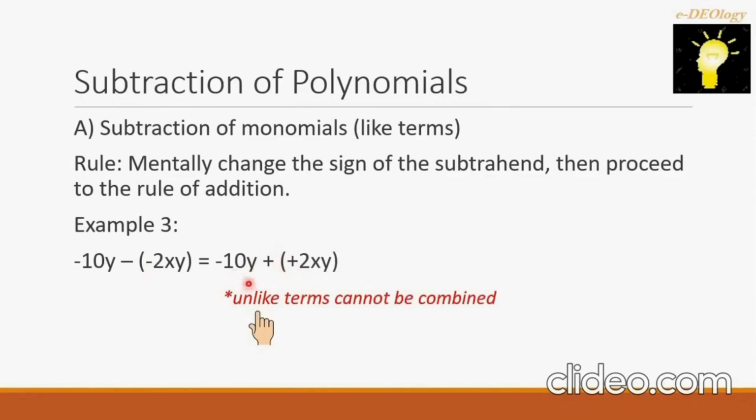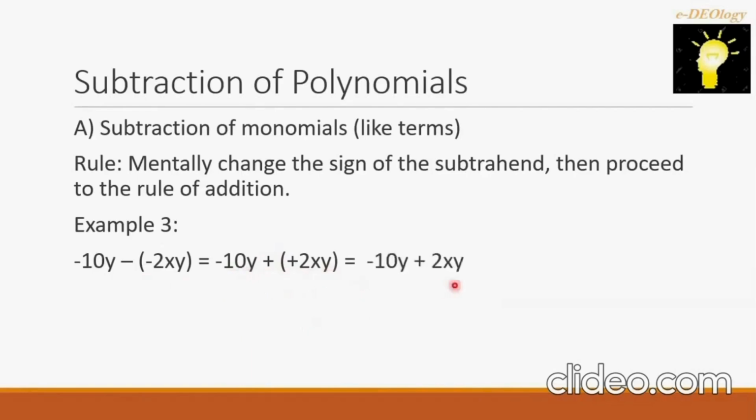Here, the literal coefficient is y, and on the second term, the literal coefficient is xy. So, as a rule, unlike terms cannot be combined. So for our final answer, we will simply copy all these terms. So negative 10y is here now, and then plus the 2xy. So the final answer is negative 10y plus 2xy.